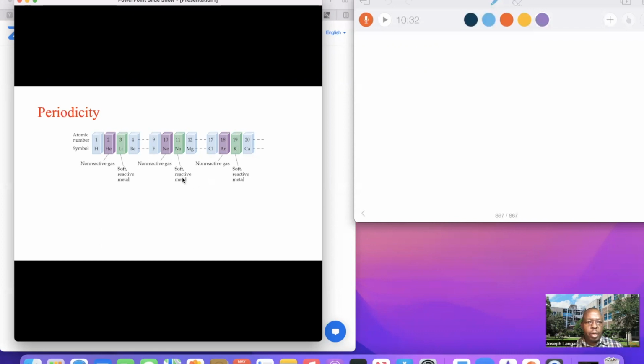If you look at group 8A, helium, neon, argon belong to the same group or family.